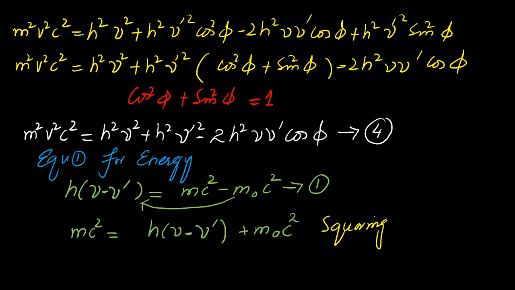By squaring, we get m square c4 is equal to h into nu minus nu dash plus m naught c square, whole square.